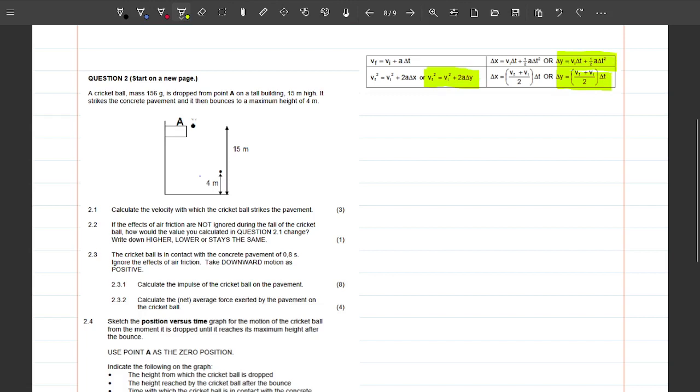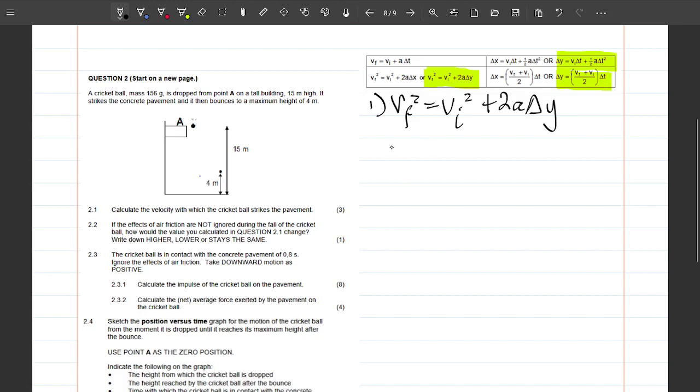So to answer that question, we're at number 1 now. I'll start off with the formula: vf squared equals vi squared plus 2, and I've got my acceleration a and delta y. And remember, my a is gravitational acceleration, that's just 9.8. You know this. So what's my final velocity?